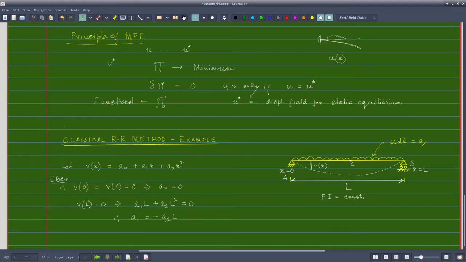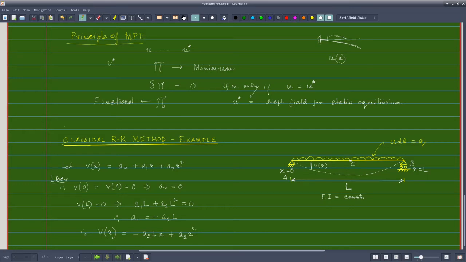Now I can use these values in the approximate solution. I get V of x equal to minus a2 L x plus a2 x squared.